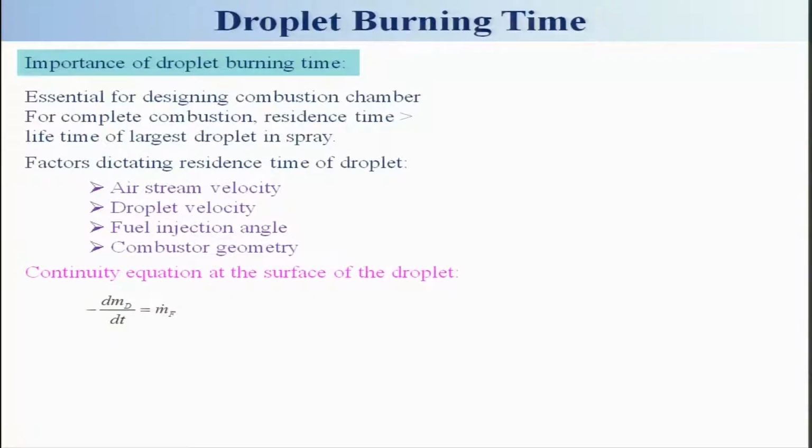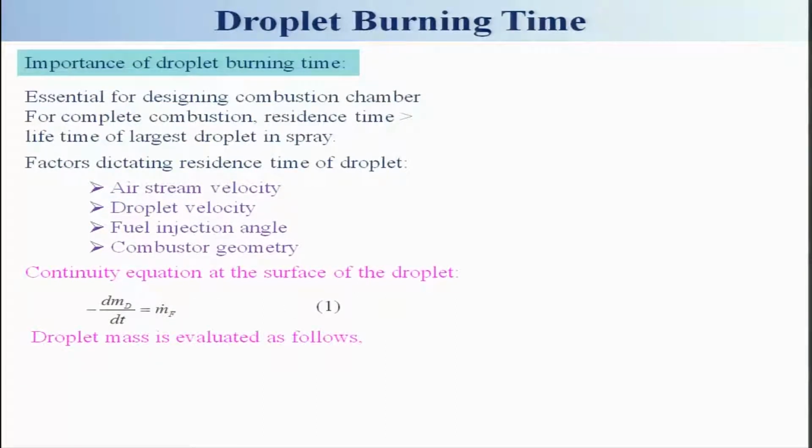If you look at the continuity, the mass of this droplet is basically consumed. Therefore it is receding, the mass is decreasing, so I am putting a negative sign, and it is equal to the mass flow rate of the fuel moving outward to the flame surface. This is equation 1.